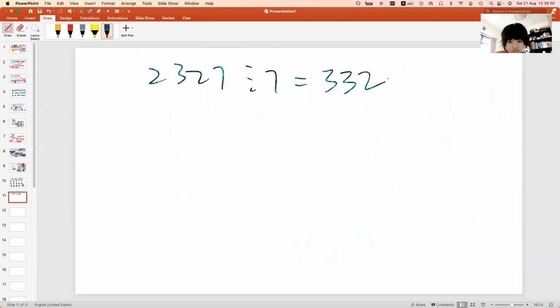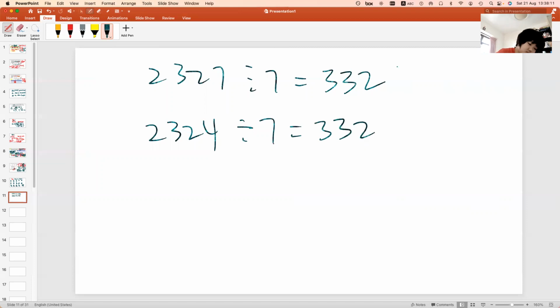So 332 times 7. So basically 2324 divided by 7 is 332. So the remainder is 3. Like you say, it's remainder 3.